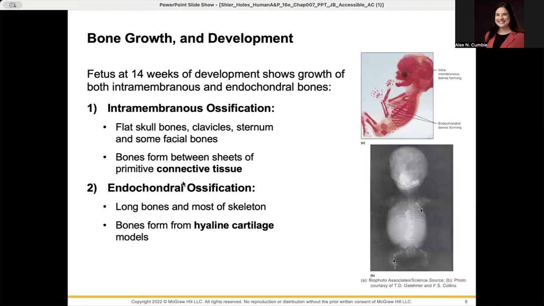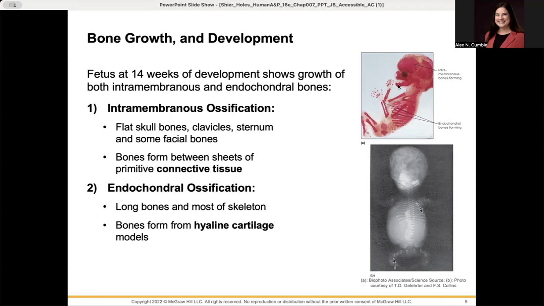The process of forming bone is just called ossification, just a fancy word there. If we are forming largely what we term our axial skeleton, the bones that exist within the head, neck, and trunk, a lot of those actually come from membranes or connective tissue through intramembranous ossification.